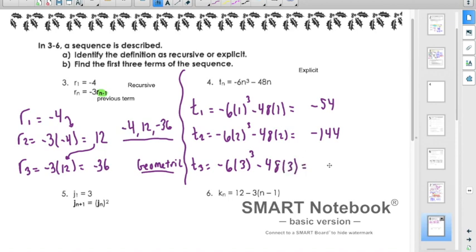And the calculator would tell us that would be negative 306. Okay, so the first three terms of the sequence are negative 54, negative 144, and negative 306.